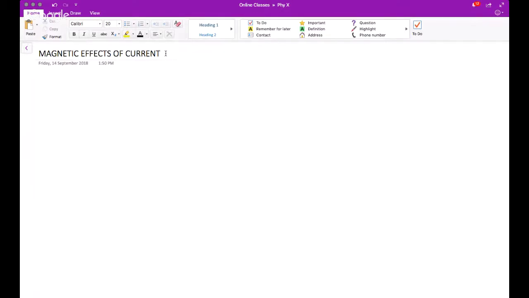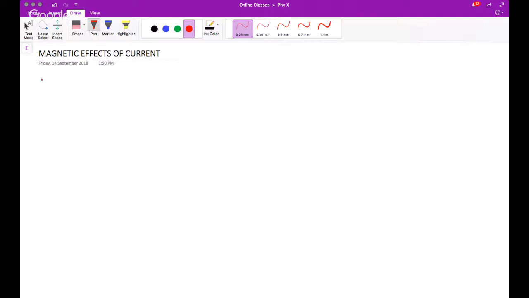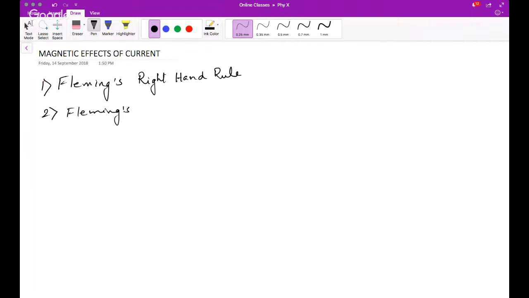Okay, so let's start. So first topic to be discussed is Fleming's rules. I hope you guys are able to see the screen now. So first is Fleming's right hand rule. And the second is the same, Fleming's left hand rule.